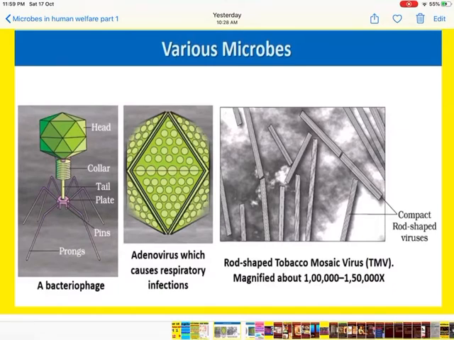Second virus is adenovirus, which causes respiratory infections. Third is rod-shaped tobacco mosaic virus, and here the magnification is about 1 lakh to 1,50,000 times. So the viruses are so small.